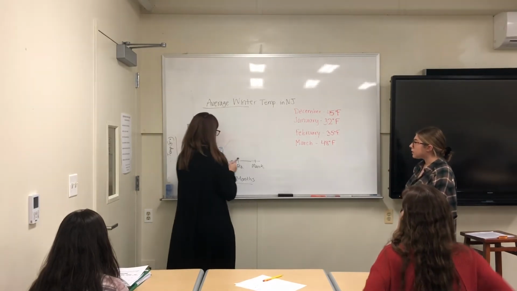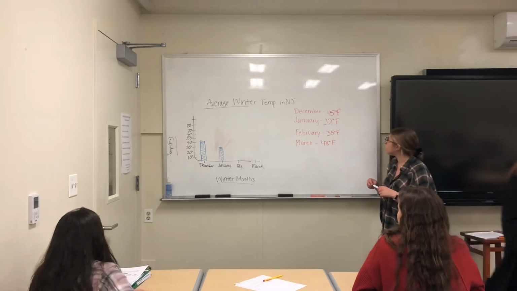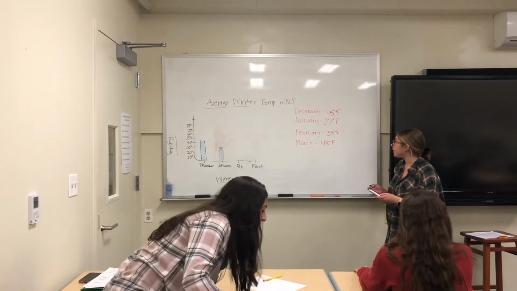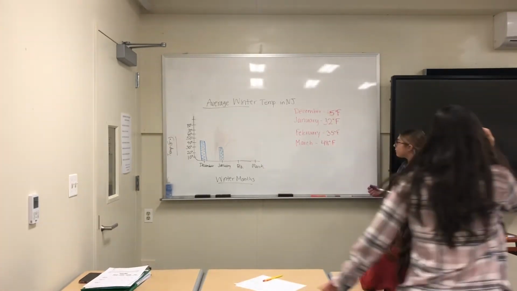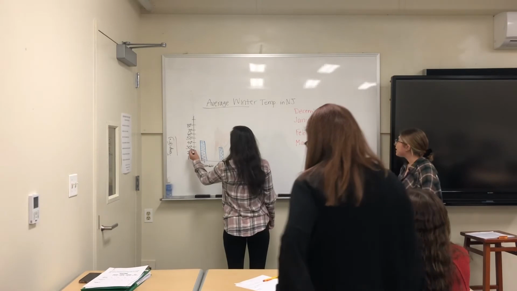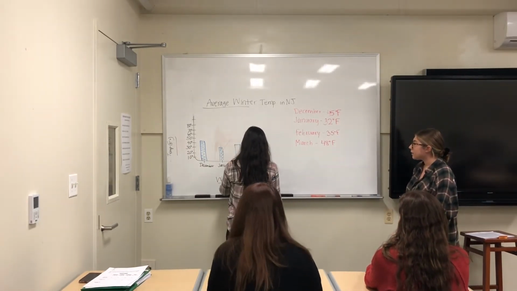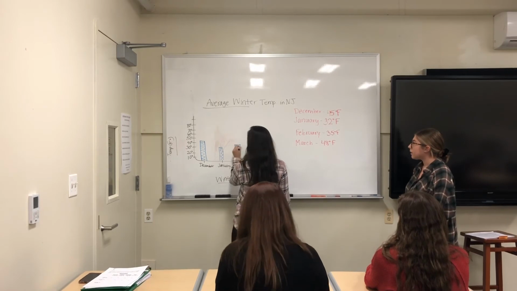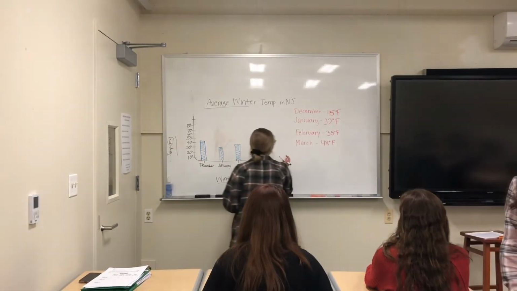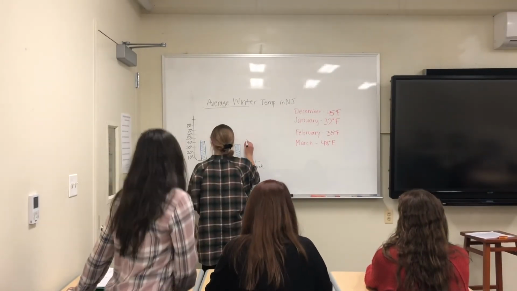Good job. So I noticed she did it right above the 30 degrees line because it's 32, slightly warmer than 30. Good. Alyssa, you want to come up and do February? Looks good. And I'll do our last winter month, March, 48. So I'm going to go right below the 50 because it's closer to 50 than 40.